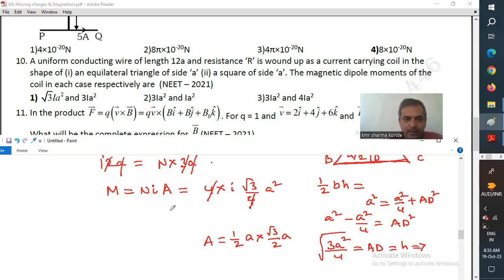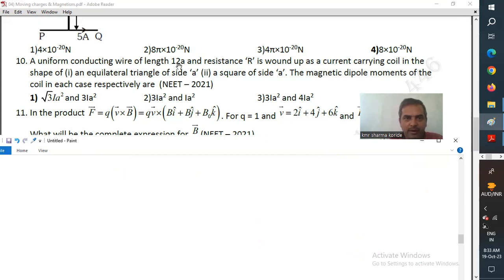Then next, when the same wire of length 12A is made as a square coil, first you need to get how many turns you can prepare. So 12A is equal to the number of turns times the perimeter of the square. Every turn will have its perimeter, 4A.